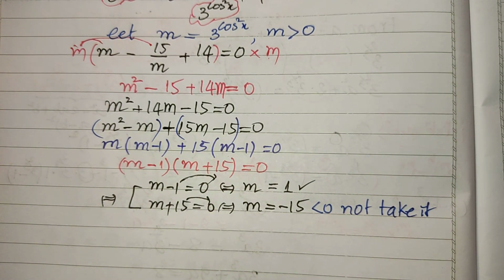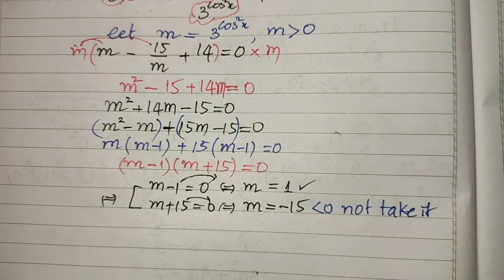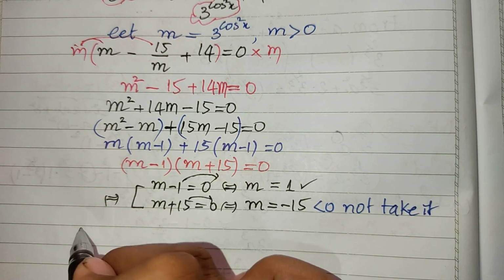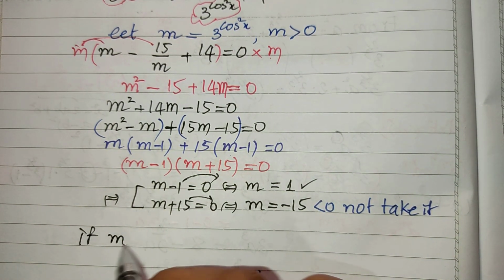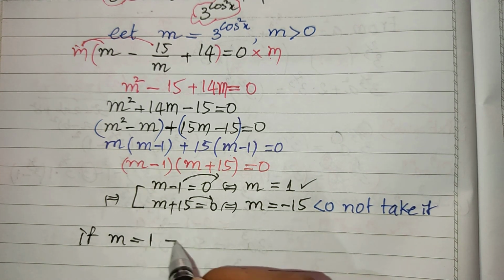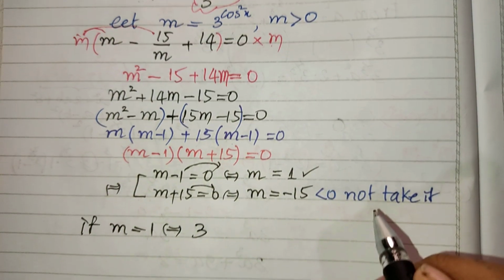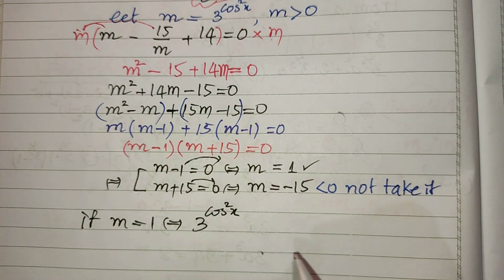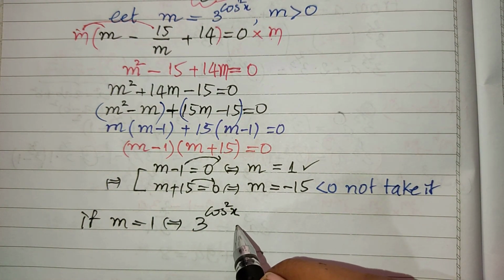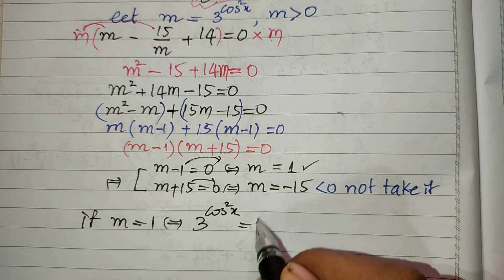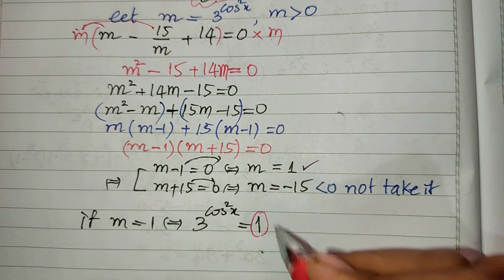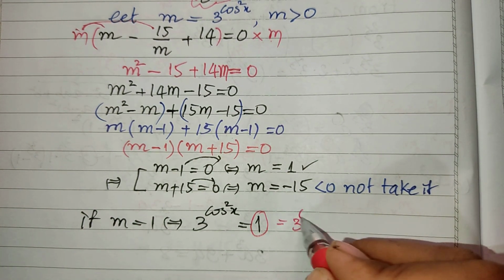With m equal to 1, we get 3 to the power cosine squared of x equals 1. Now 1 can be written as 3 to the power 0.